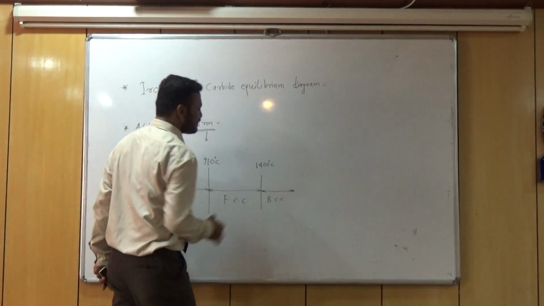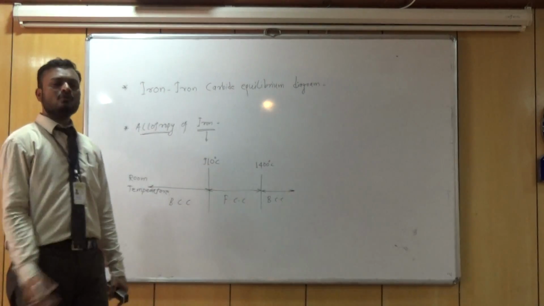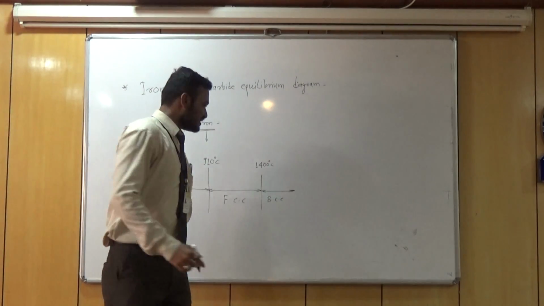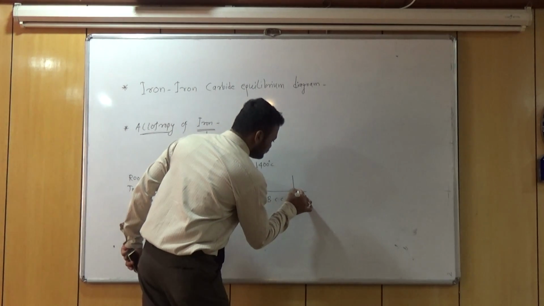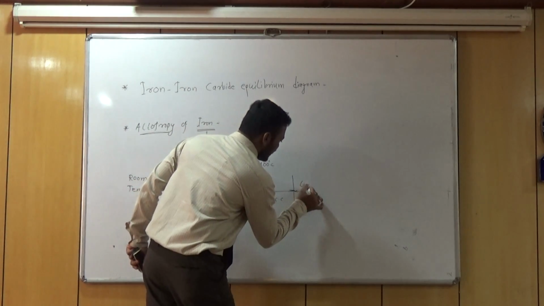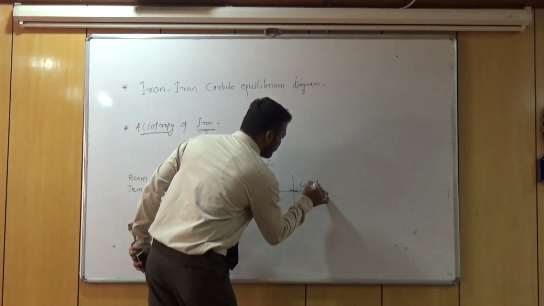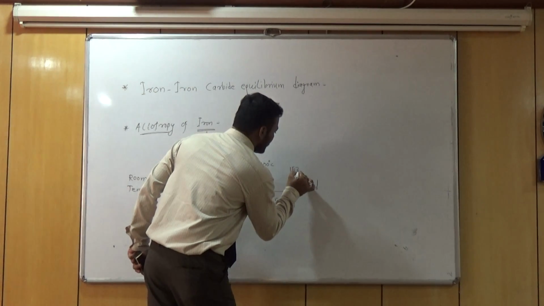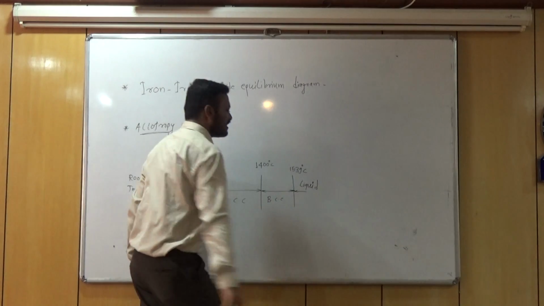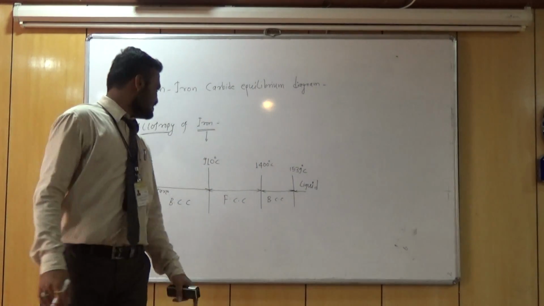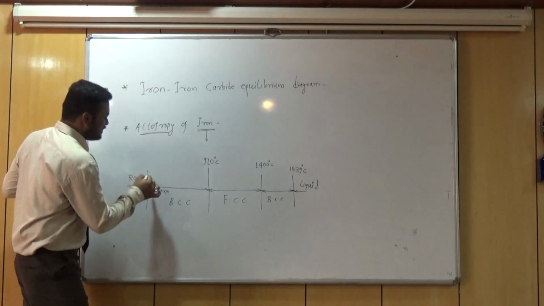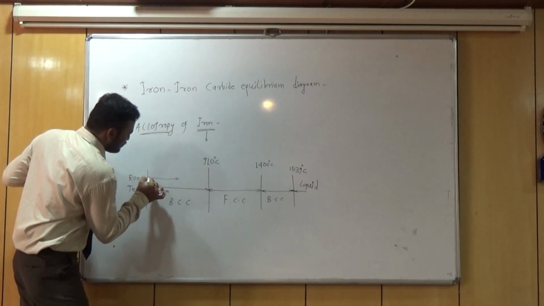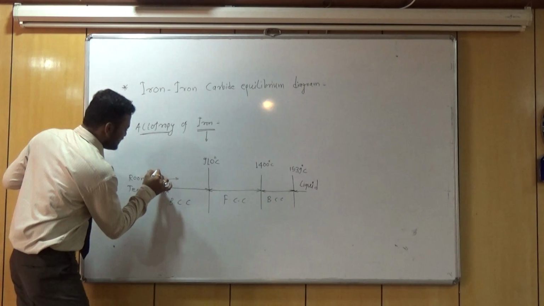Above this temperature again it gets transformed to body centered cubic crystal structure, and it goes into the liquid state when it is heated above 1539 degrees Celsius.